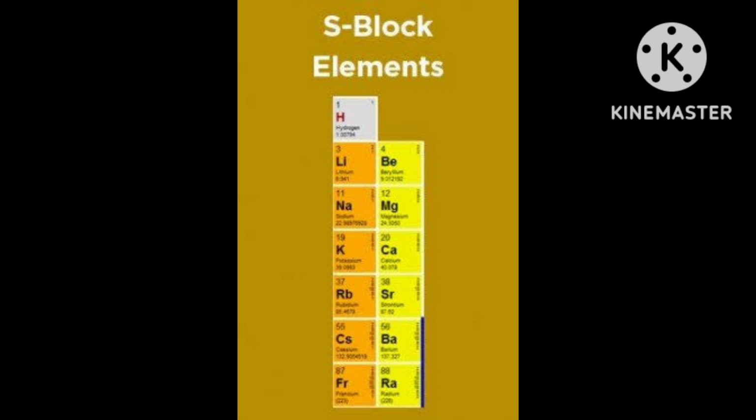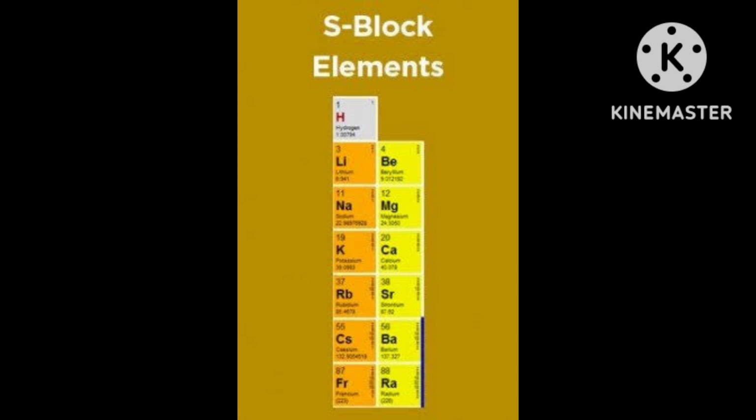The elements of group 2 include beryllium, magnesium, calcium, strontium, barium and radium. Here you should know that group 1's last element, francium, and group 2's last element, radium, are both radioactive. These elements, with the exception of beryllium, are commonly known as alkaline earth metals.